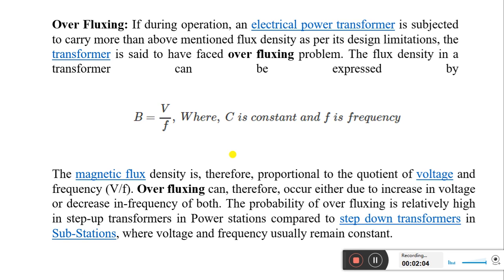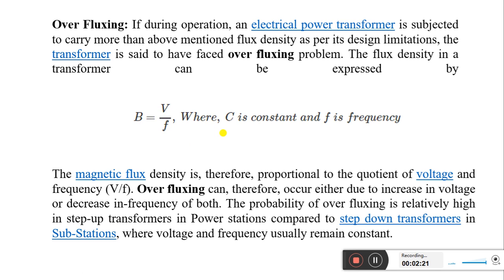The flux density in a transformer can be expressed by this formula: flux density B equals V by F, where V is the applied voltage and F is the frequency.